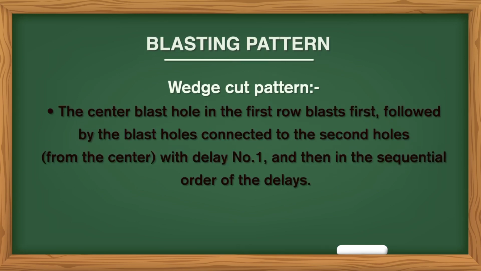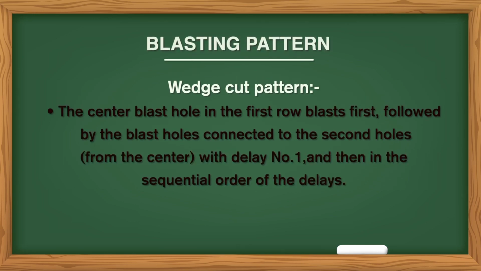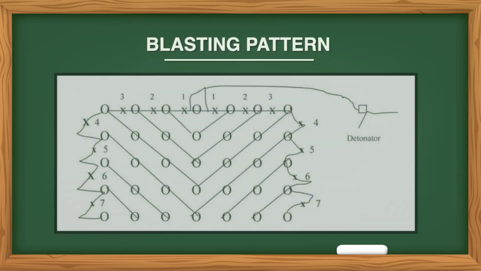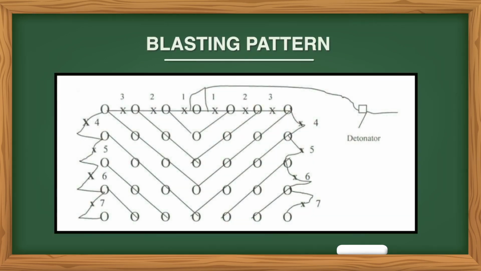The center blast hole in the first row blasts first, followed by the blast holes connected to the second holes from the center with delay number 1, and then in sequential order of the delay. You can see on the figure the actual wedge cut pattern sequence.